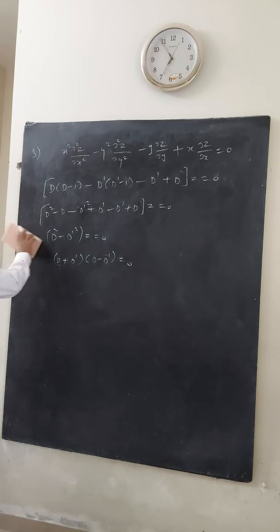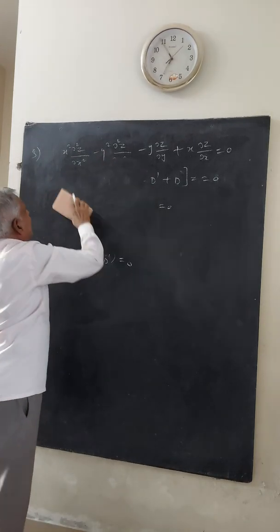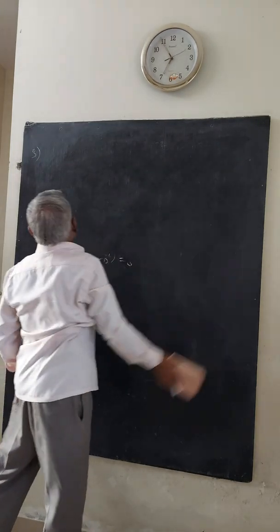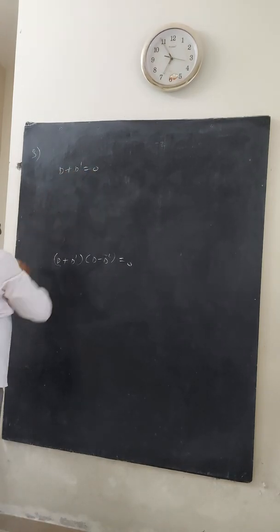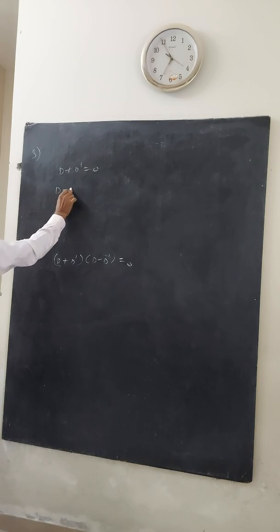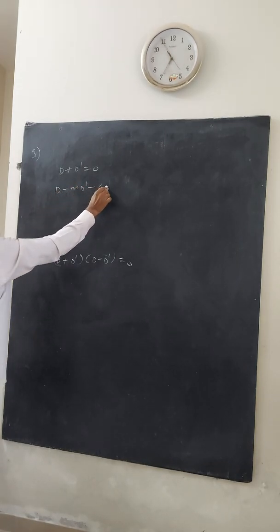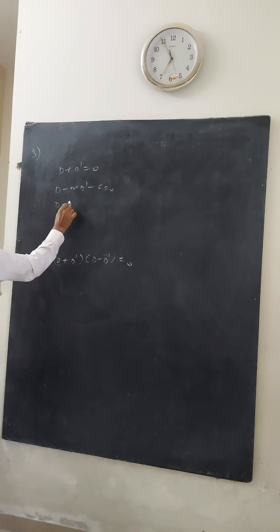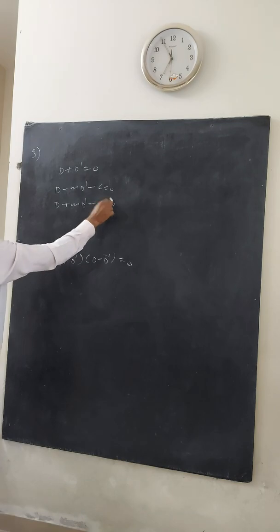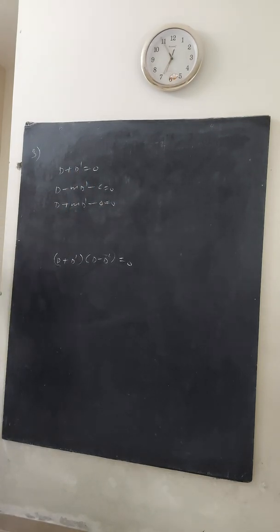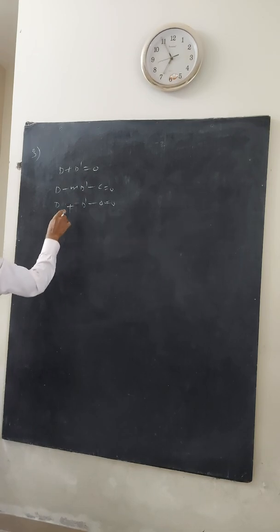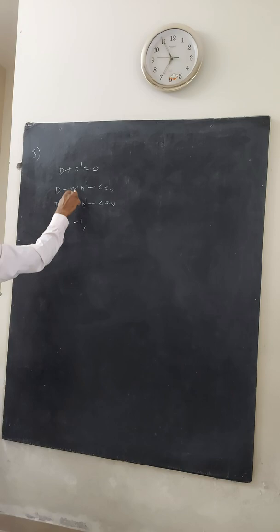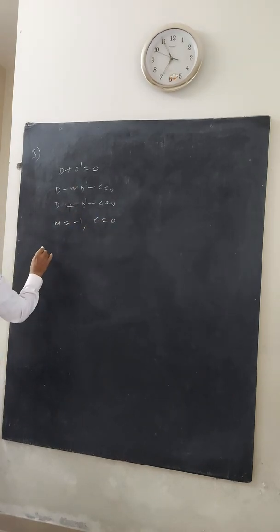Taking the factors D + D' and D − D'. First let us take D + D' = 0, comparing with D − mD' − c = 0, this is written in the form. Comparing these two, m is −1, c is 0.